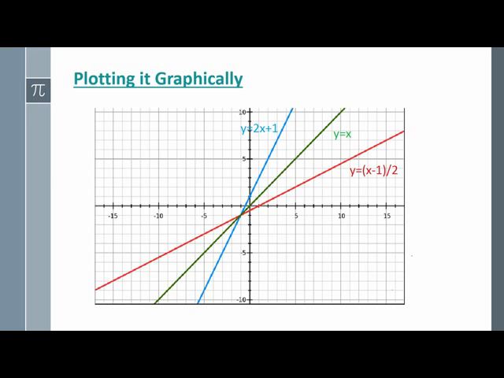In the previous example, the original function y is equal to 2x plus 1 is represented by the blue line. The red function represents the inverse of the original function, that is y is equal to (x minus 1) divided by 2. So the red line is a reflection of the blue line over y equal to x, that is the green line.